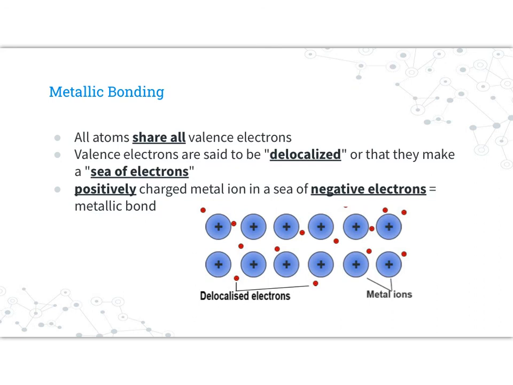So for example, let's use magnesium as an example. So magnesium had 2 valence electrons. So when I draw magnesium, it's going to give up its 2 valence electrons. So I'm going to draw a few of them, Mg2+, Mg2+. And now each magnesium had 2 electrons to give up. So I need to draw 6 electrons somewhere in here to give the idea that it is still balanced overall.